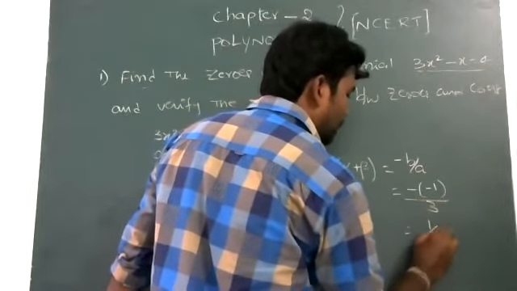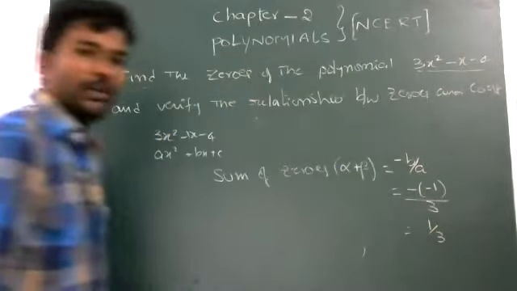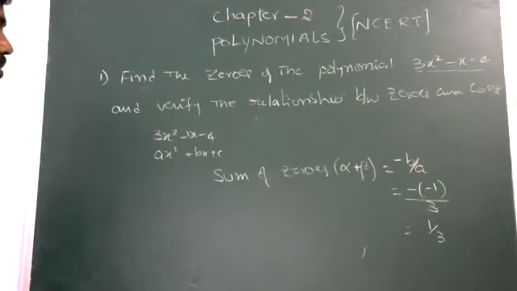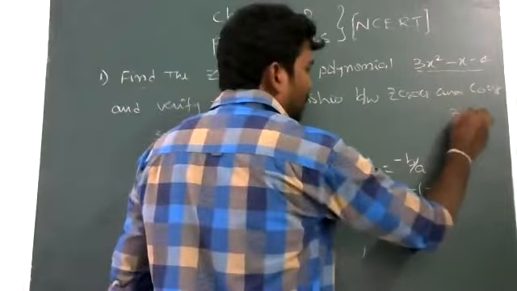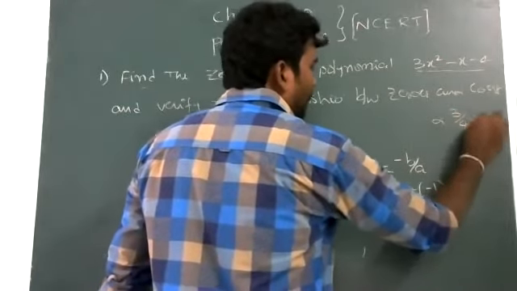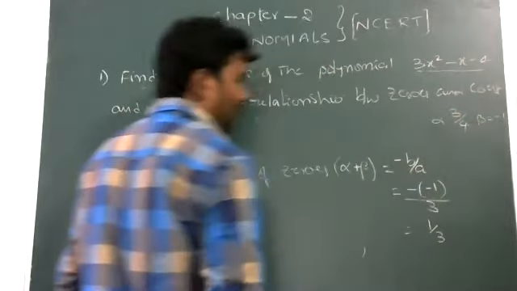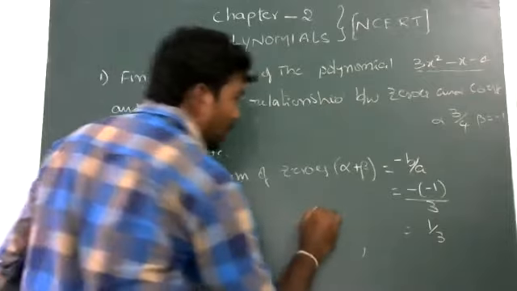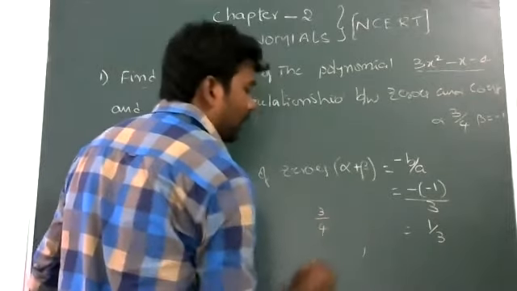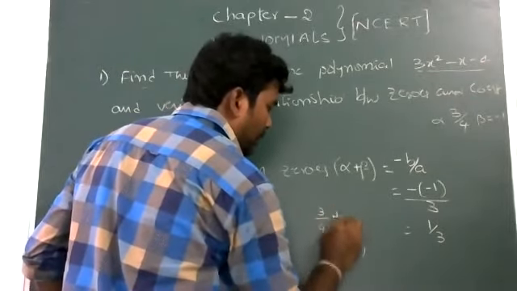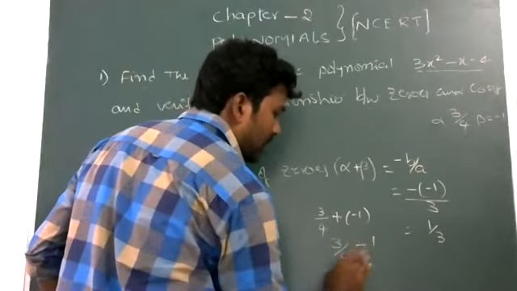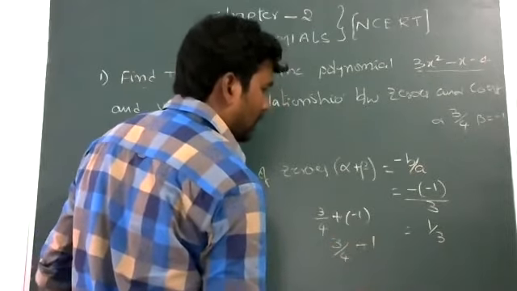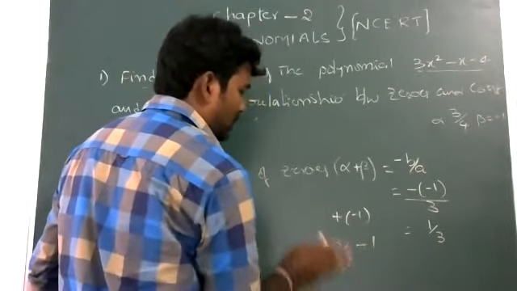So that equals 1 by 3. What is our alpha value? Alpha is 3 by 4, I think, and beta equals minus 1. Alpha plus beta means 3 by 4 minus 1. What is the LCM? I think 4 by 3.